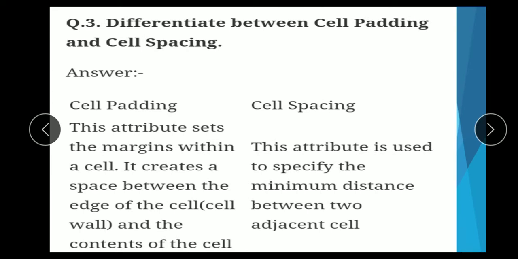Question number 3. Differentiate between cell padding and cell spacing. Answer. Cell padding: this attribute sets the margin within a cell. It creates a space between the edge of the cell and the content of the cell.